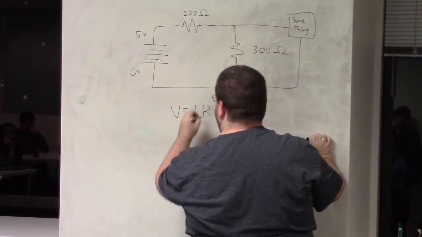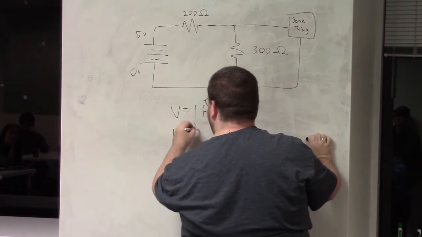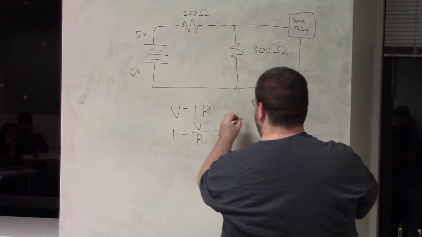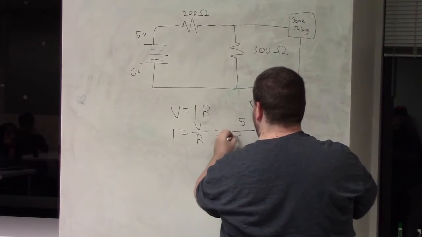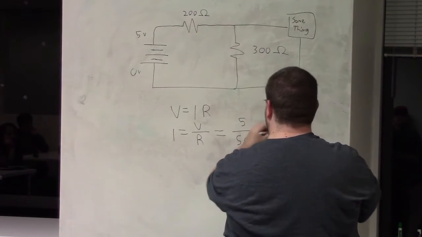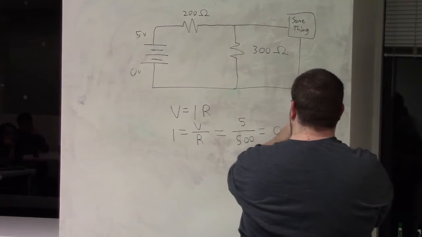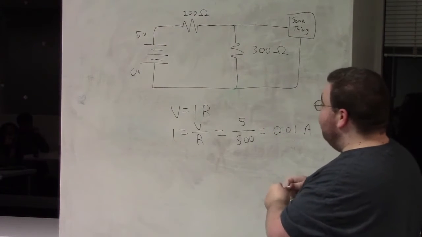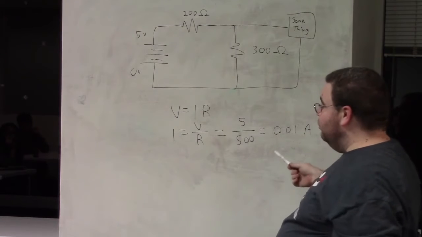V equals IR, so I equals V over R equals 5 over 500. So you've got 1/100th of an amp, or 10 milliamps.